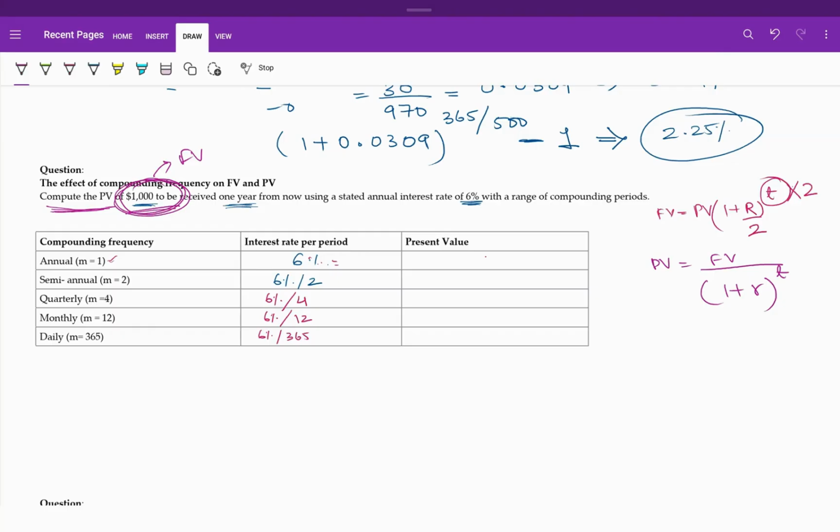So we are going to start with $1,000 and divide it by 1 plus 0.06.